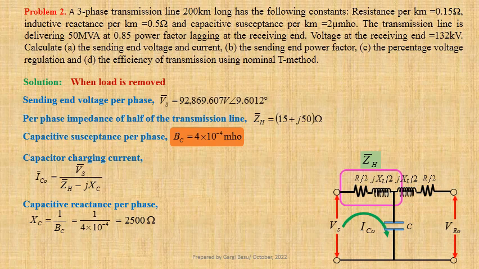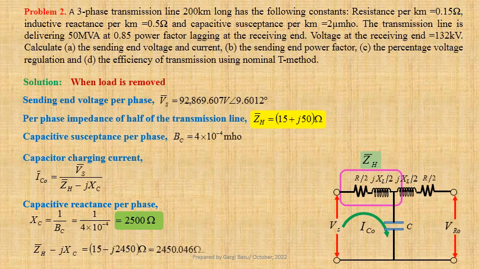Let us now determine ZH minus j times XC. Using values we get 15 minus j times 2450 ohm. This may be expressed in polar form as 2450.046 ohm at an angle minus 89.6492 degree.